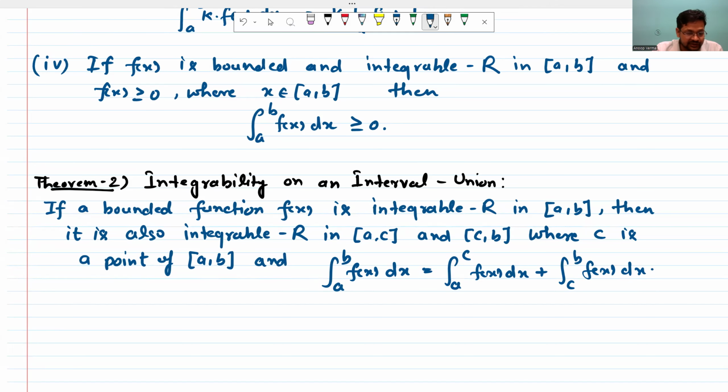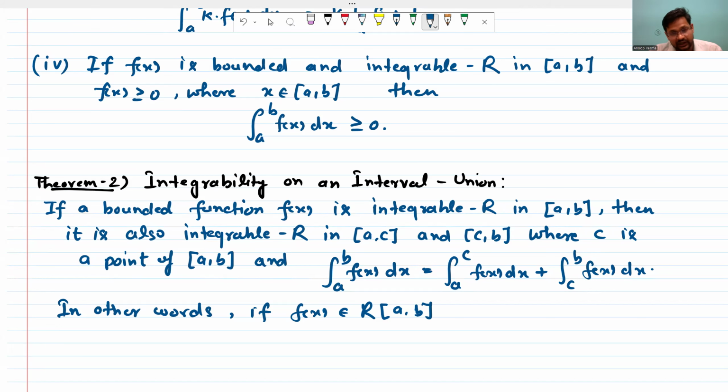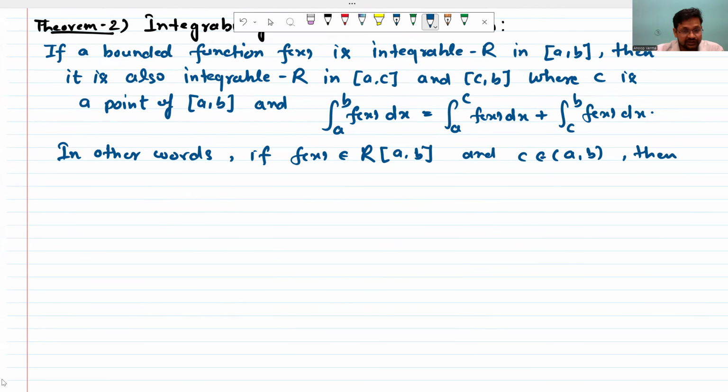In other words, you can say easily, if f(x) belongs to R[a, b], the integrable functions on [a, b], and c is any point in this interval [a, b], then f(x) also belongs to R[a, c] and R[c, b].